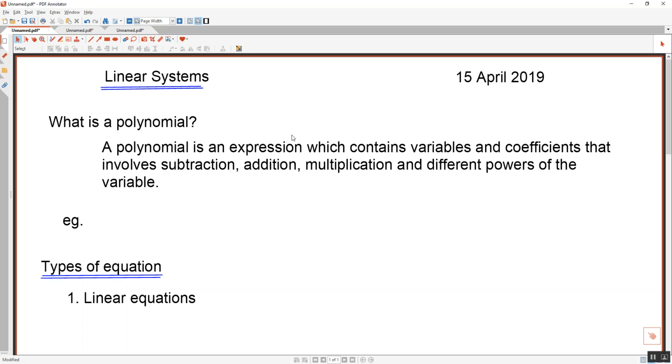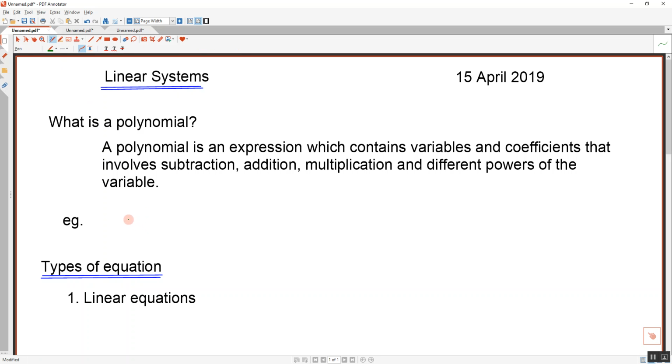So what does that mean, different powers of the variable? Exponents, the powers. Give me an example. Like 4x to the second. Yeah, 4x to the second, or 4x squared, or 4x cubed. So it's got different powers of the variable.